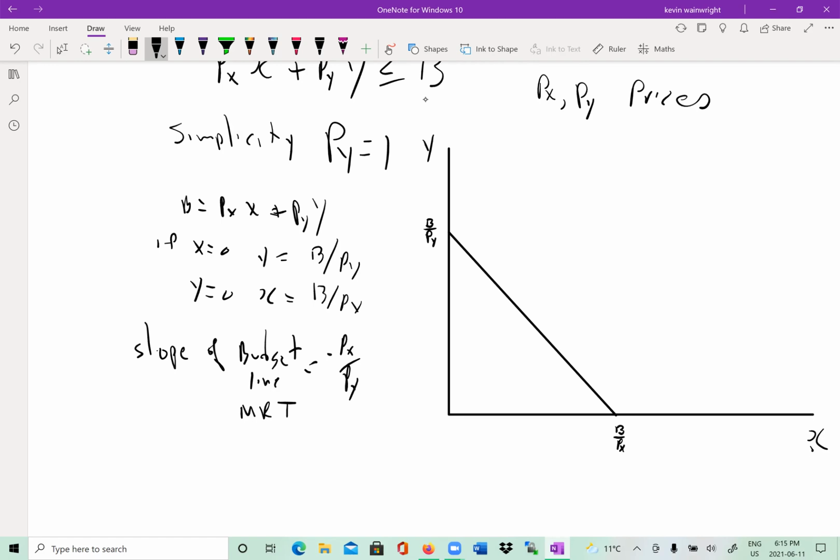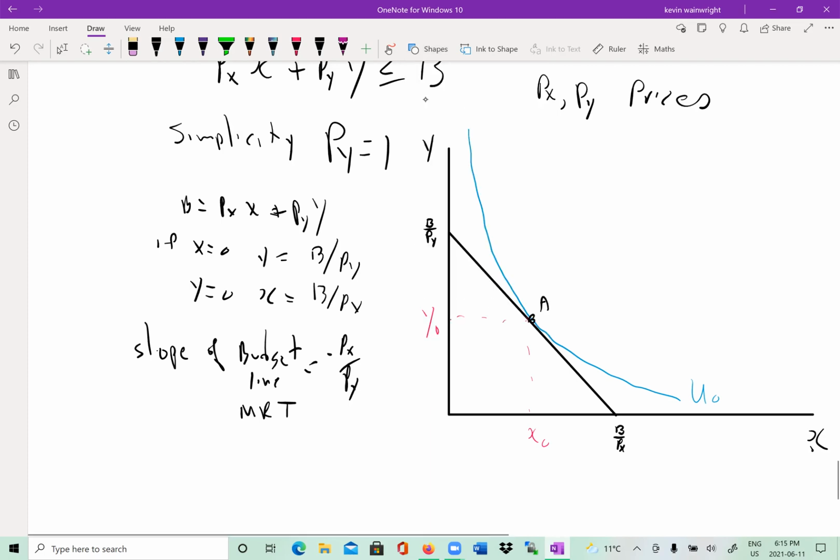It's the market's ability to transform X for Y. Okay. And if we've maximized utility, we're at U0 and we buy X0 and Y0. And you should know this from your basic micro class. Okay, so utility is maximized at point A.